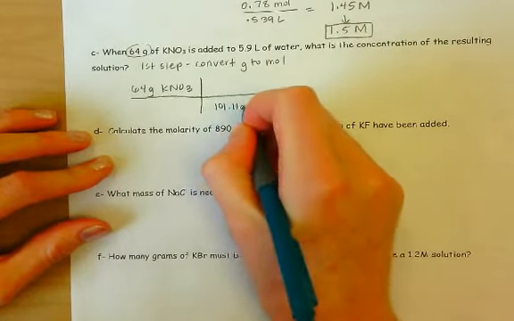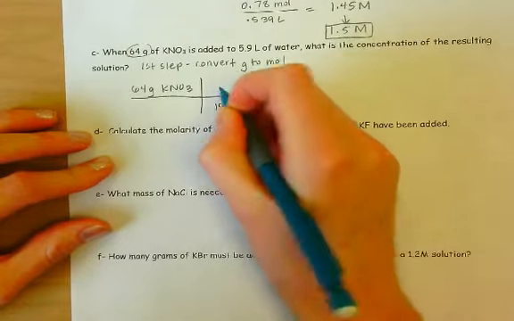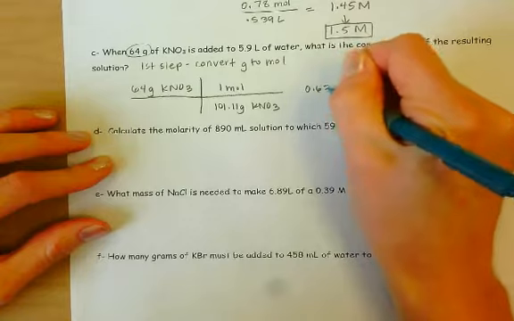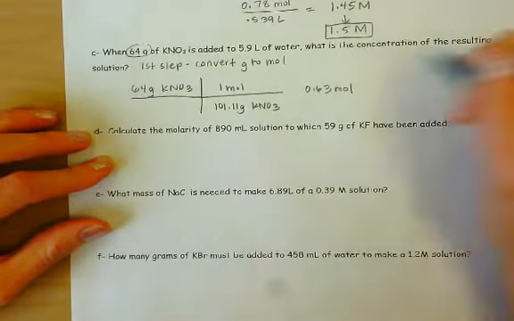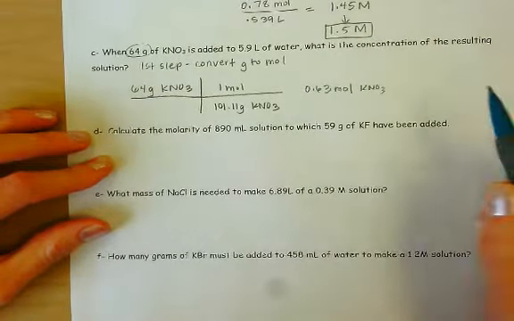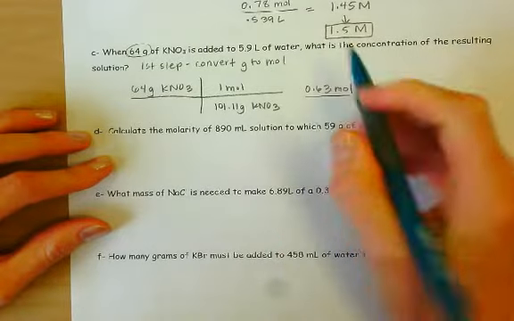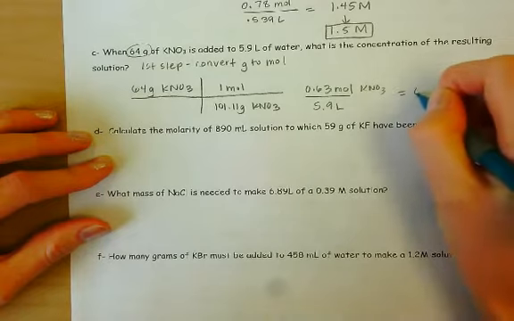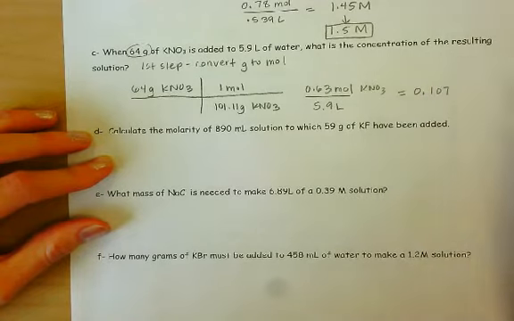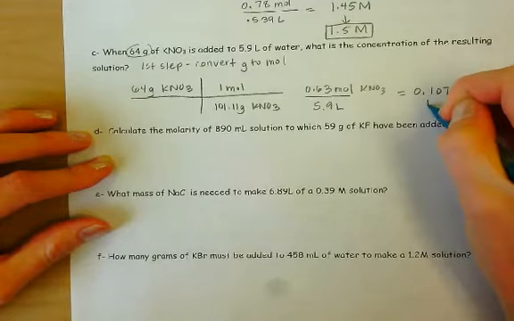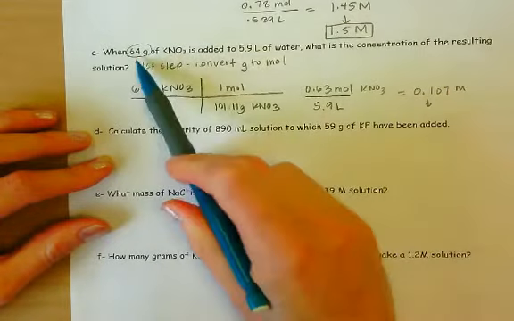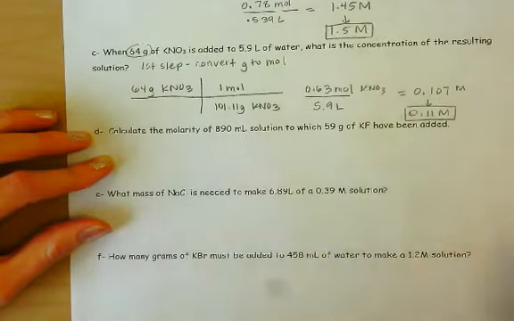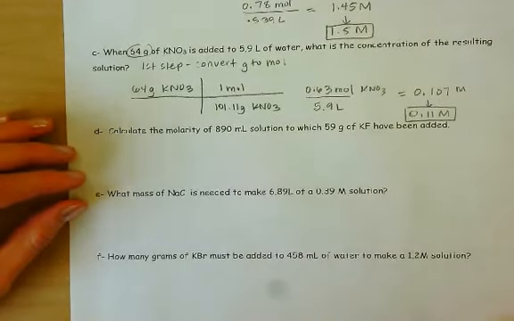The molar mass of KNO3 is 101.11 grams. So when I divide those, I get 0.63 mole. Okay, now I can divide by the volume of the solution. And we get 0.107. I need 2 significant digits.